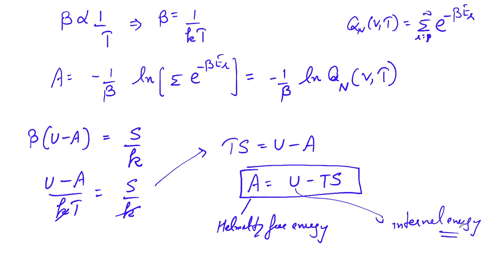So from this Helmholtz free energy, we can derive the various thermodynamic properties of this canonical ensemble. Let us consider this as equation number 7, and we will use it to find the other thermodynamic parameters.